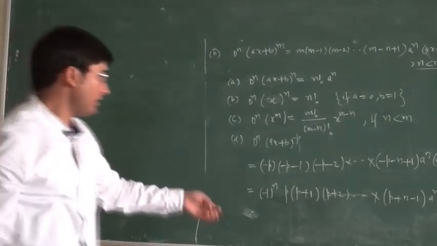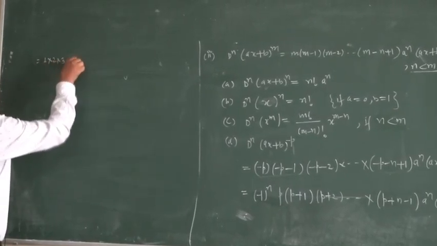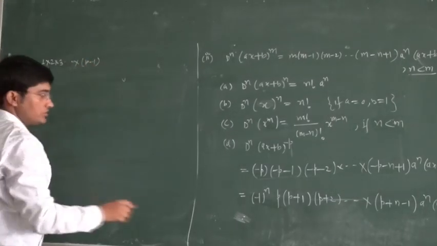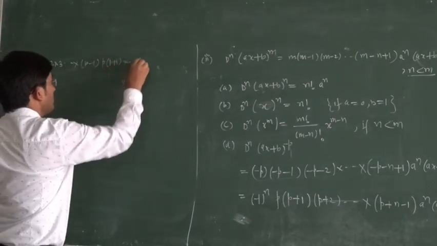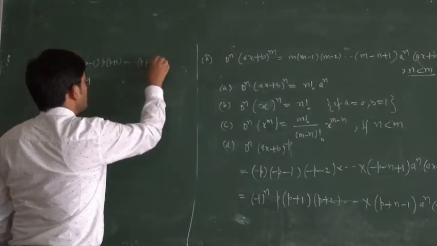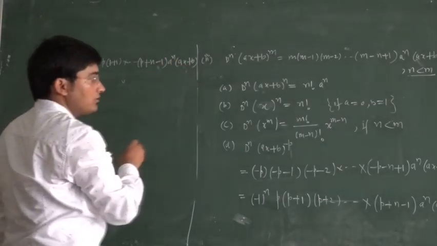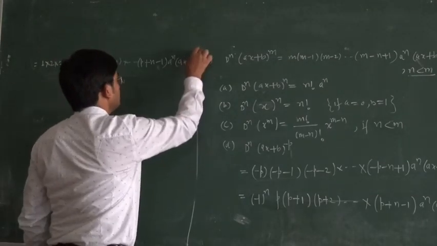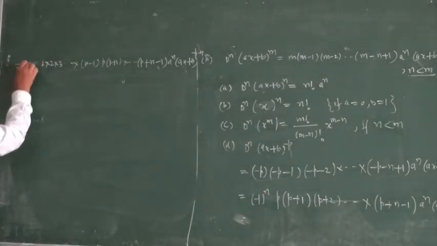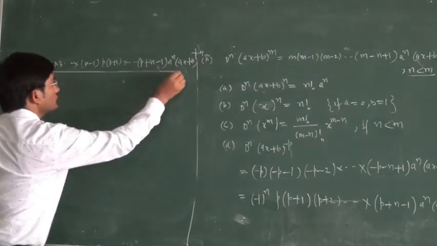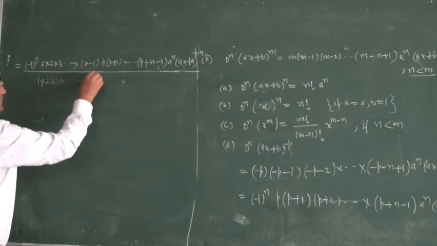Let us multiply the numerator by 1, 2, 3 up to (p minus 1). Then this is p into (p plus 1), and so on up to (p plus n minus 1), into a power n into (ax plus b) power (minus p minus n), and we will have minus 1 power n divided by 1 into 2 into 3 up to (p minus 1).